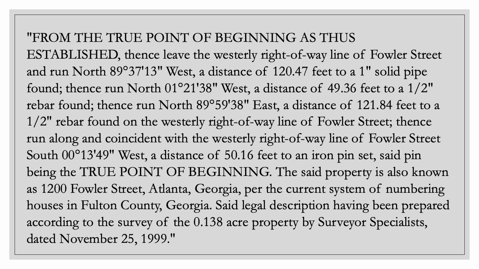Then it says the said property is also known as 1200 Fowler Street, Atlanta, Georgia, per the current system of numbering houses in Fulton County, Georgia. Said legal description having been prepared according to the survey of the .138 acre property by surveyor specialist dated November 25th, 1999. Now let's break down these calls, okay?